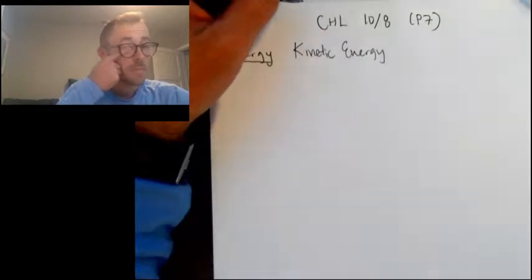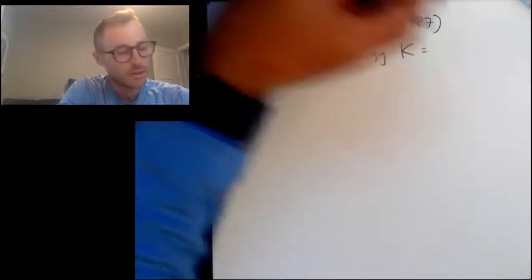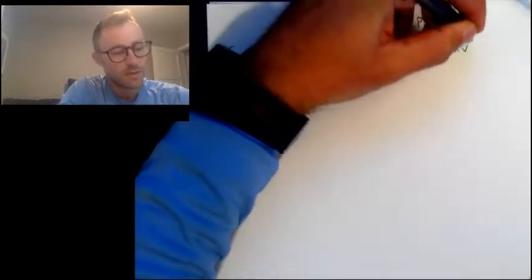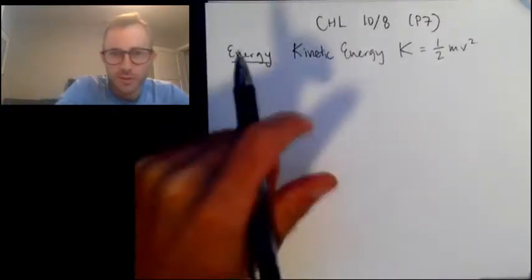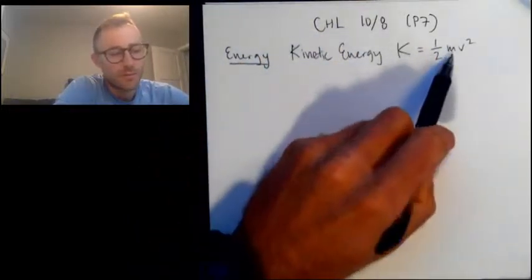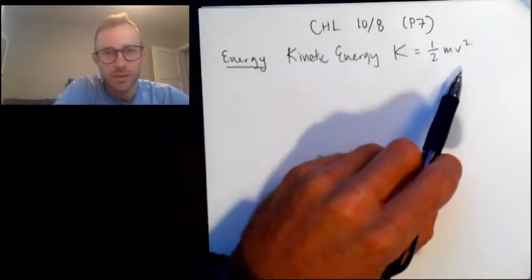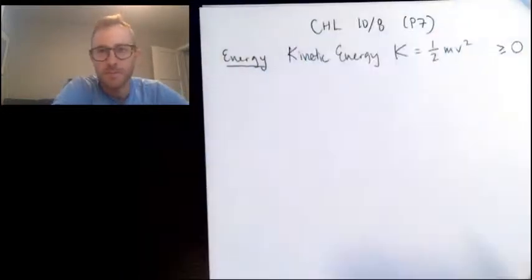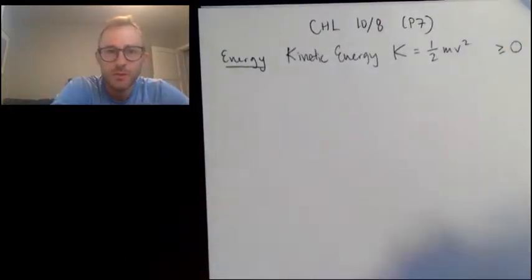Kinetic energy is denoted by K, and it is 1/2 mv squared. Now there's a property of kinetic energy that's going to be useful for this lesson. Because mass is positive, and when you square something that's positive, the kinetic energy always has to be greater than or equal to 0.